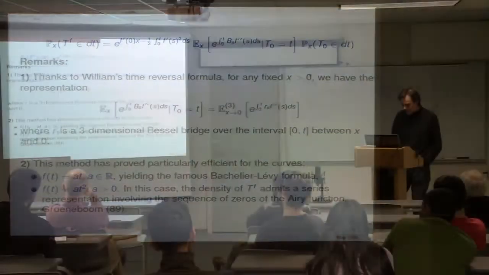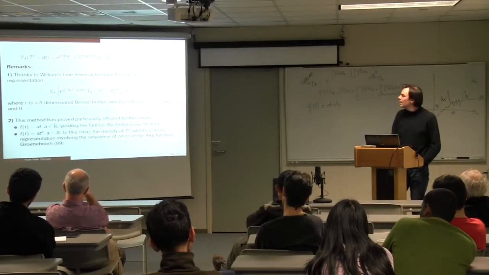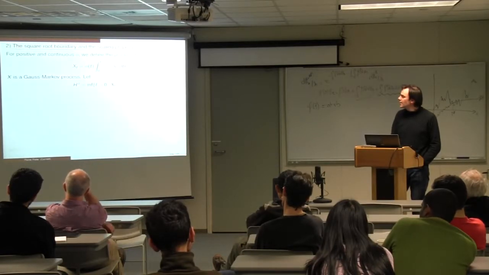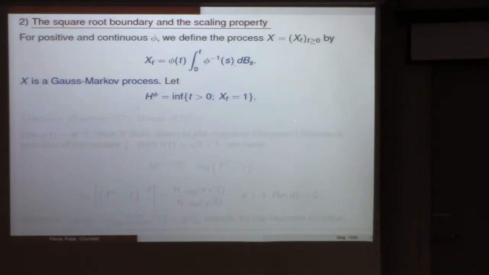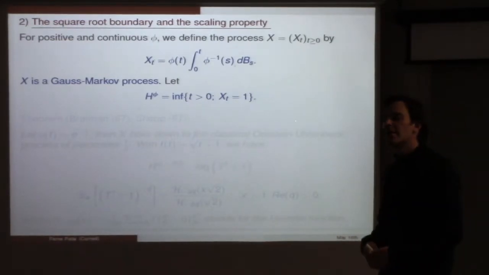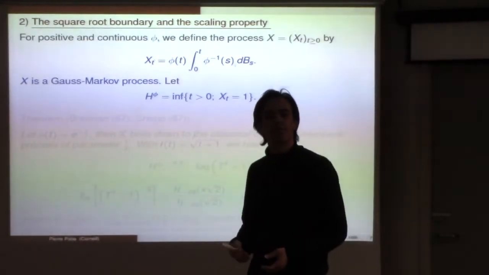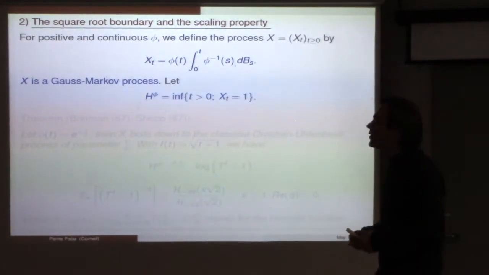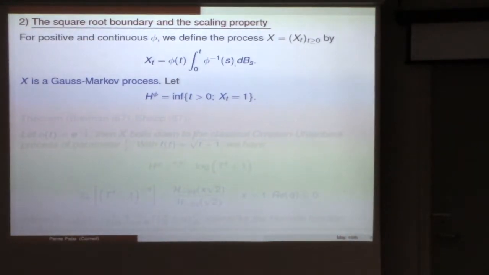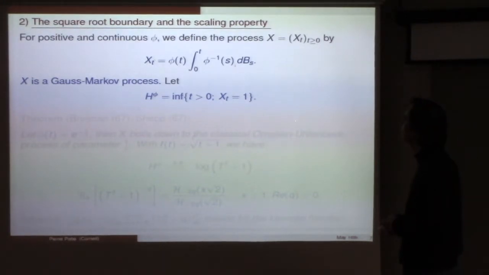So that's the first approach. Then there is a second one. Always the idea is to find some devices to get rid of the non-homogeneity of the problem. So there is another approach which involves the so-called Gauss-Markov processes. We define them like that.